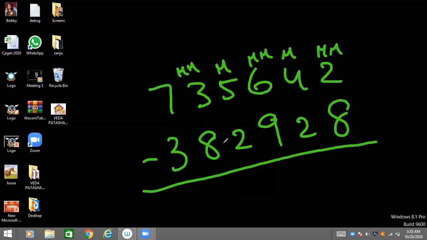So 7 minus 3 is 4, but I will write 3 because it is a mismatch. For mismatch, the friend will be 2. So 2 is added to 3, and it becomes 5. Next pair is a match, so I need to write 5 as it is. So 5 minus 2 is 3. Next pair is a mismatch, so I need to write 2.